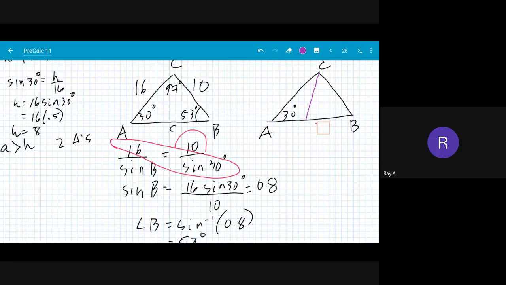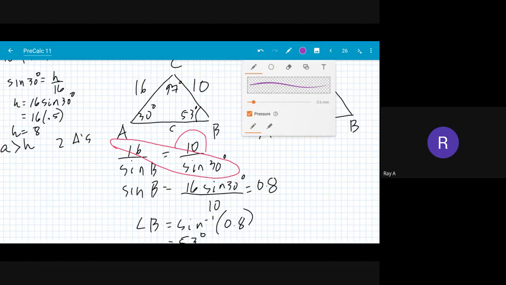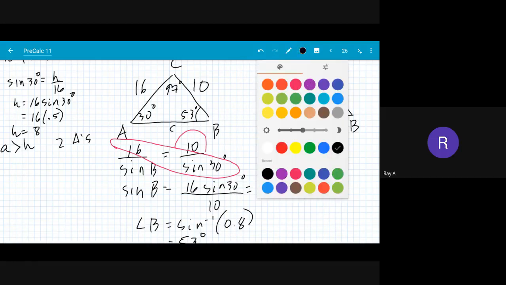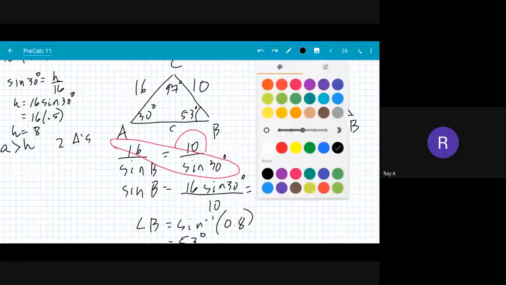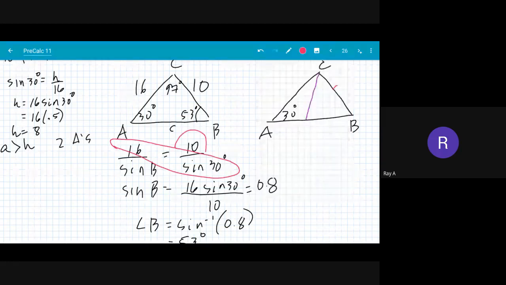Now there's something I'd like to point out to you. Since this side was just the same side as this one, it was just moved and swung, that means they are of the same length, right? Therefore, this one is the same length as this one.